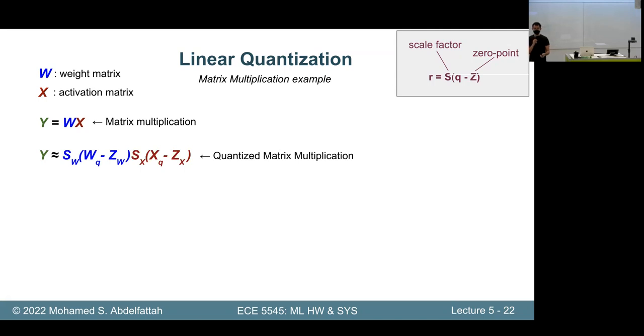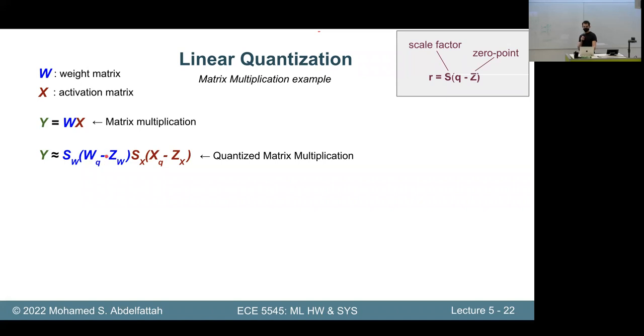So if I want to do that matrix multiplication now in the quantized domain, Y becomes approximately equal to this function. And how did I get this function? I basically plugged in that quantization equation I have in the corner into W and X. So now I have a scale factor for W, and I have the quantized version of W, so it's all quantized to, let's say, 8-bit.